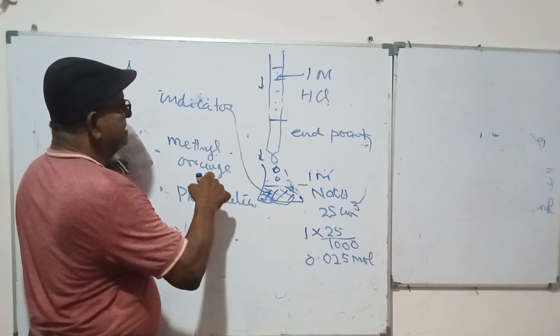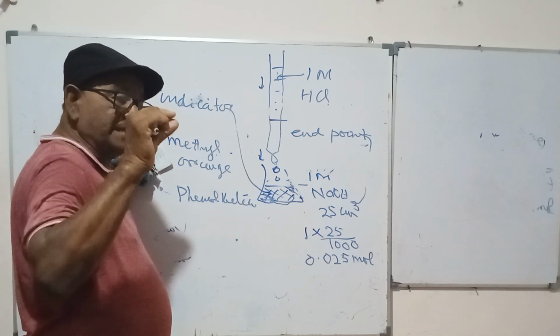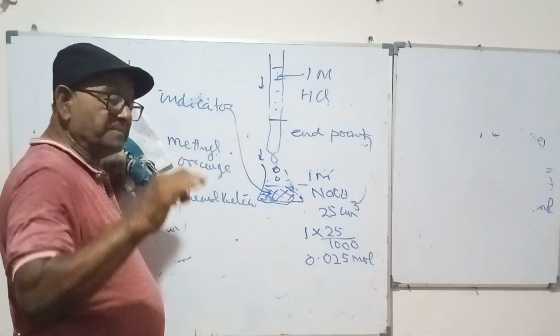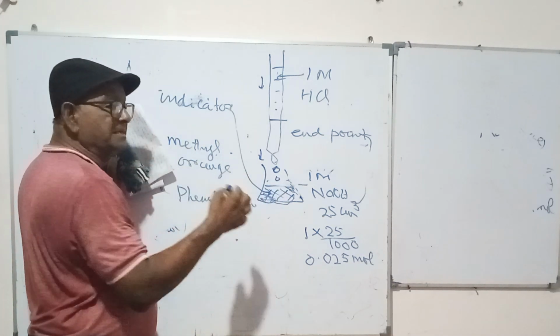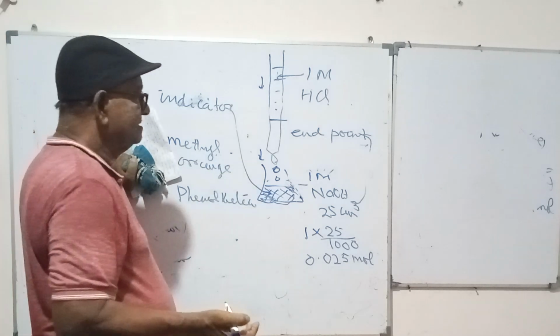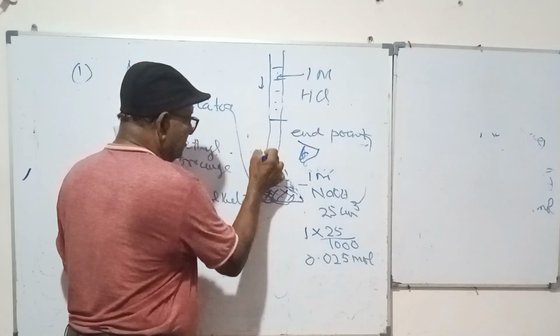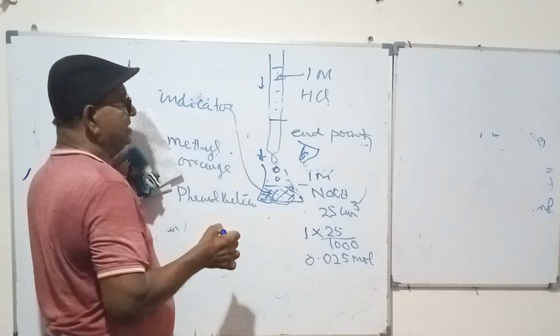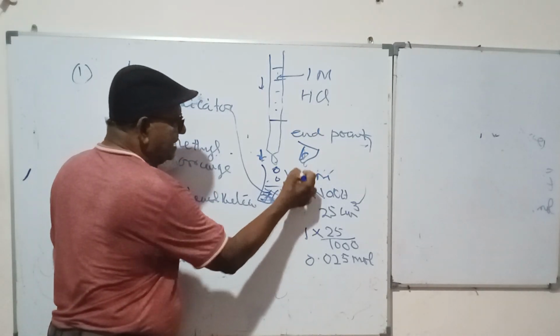So methyl orange gives orange color in the basic medium. If it becomes an acidic medium, it gives red color. Then we observe during the addition of HCl when the orange color becomes red.